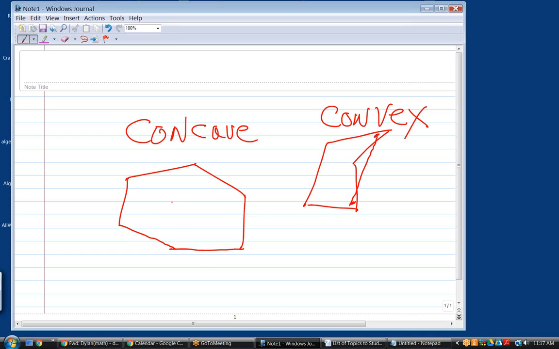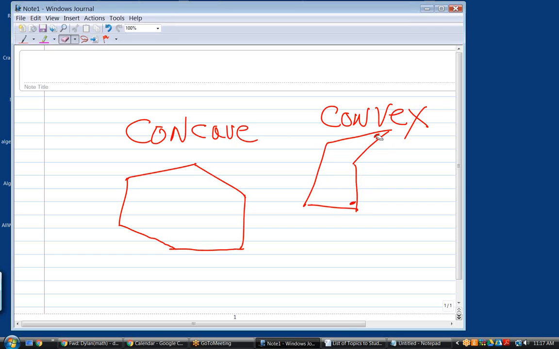Notice that in the convex polygon, I cannot find any 2 points that if I connect them with a straight line, that the straight line passes outside of the polygon. That's the definition of convex. That makes sense. This is what I thought it was, and then I looked it up in the book, and it said this was what it was, and then I wrote it down wrong.